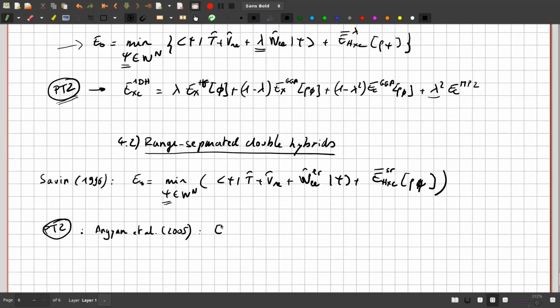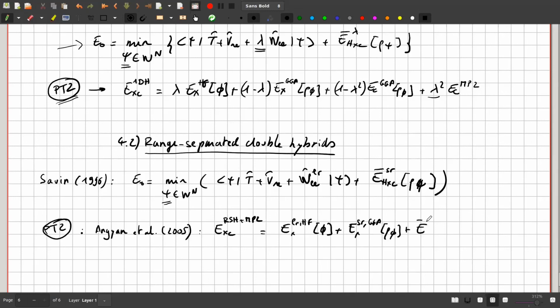So essentially, this is a method that we called range separated hybrid plus MP2. And you will find the long range HF exchange. Then you will have the complementary short range, let's say GGA exchange.